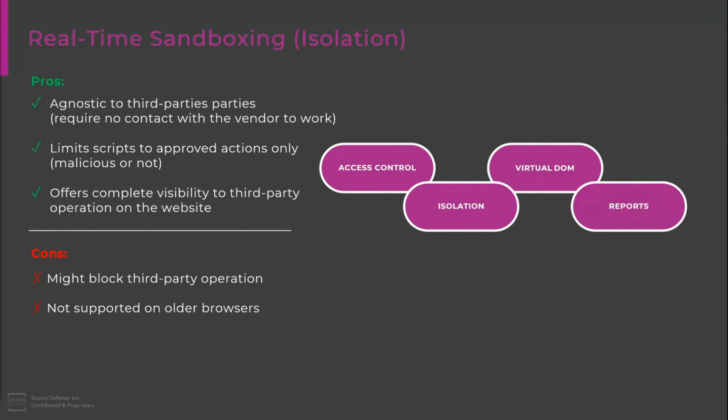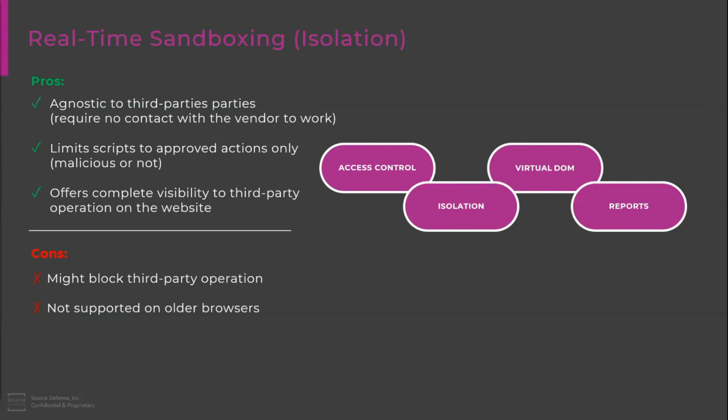What that might mean to those of you in the security world, it's very similar to a zero trust methodology. So I give you permission to perform this one and only function. If you try to do anything else, it is denied. You have zero trust to do anything else. You only are trusted to perform this one function.